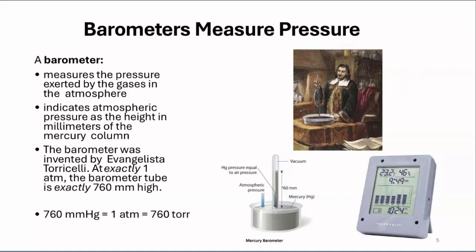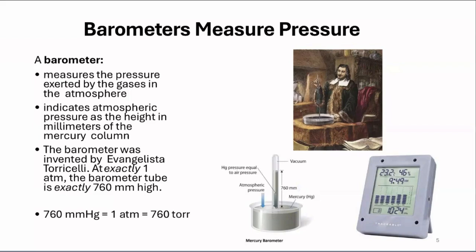In this column, which has a vacuum, the premise of this barometer is that when the atmospheric pressure acts on the pool of mercury, that makes the millimeters of mercury fluctuate.